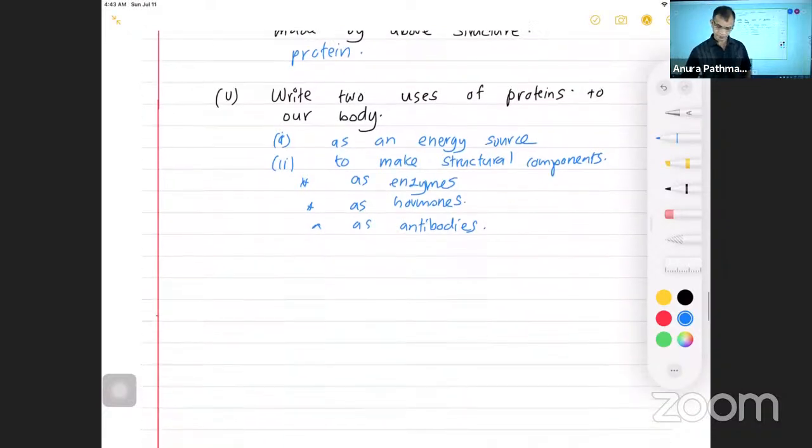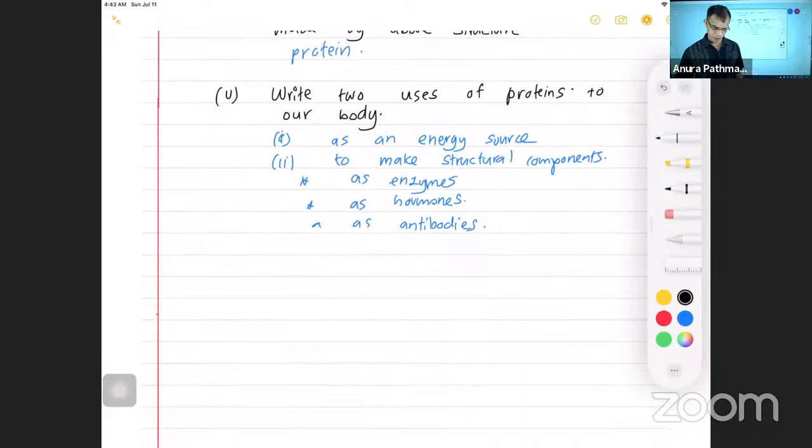Okay. Which test is used to identify protein?